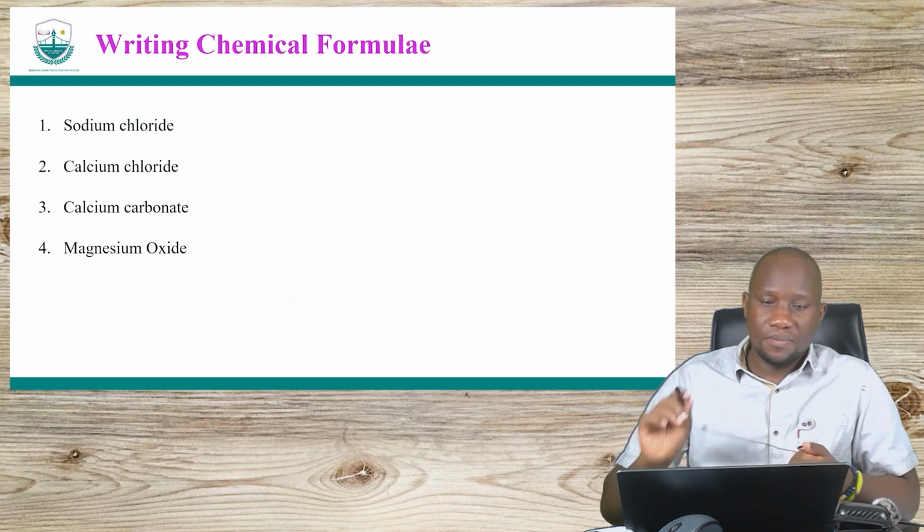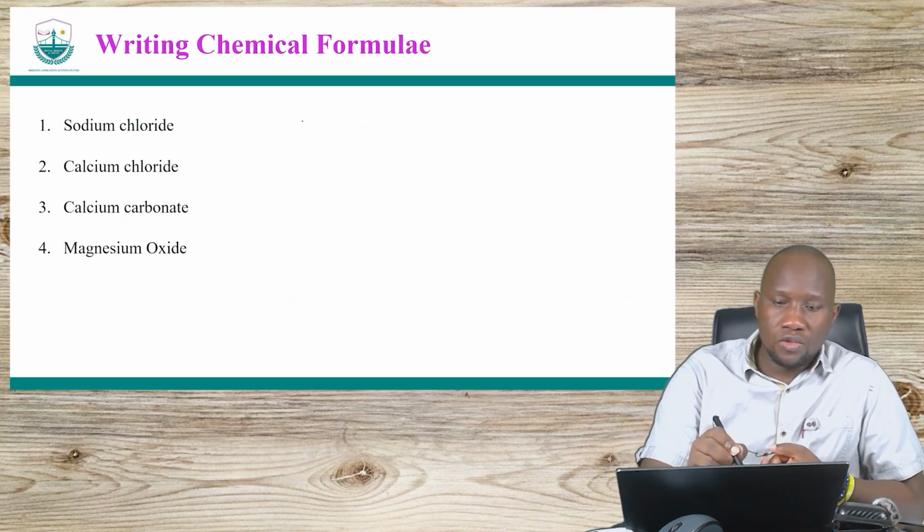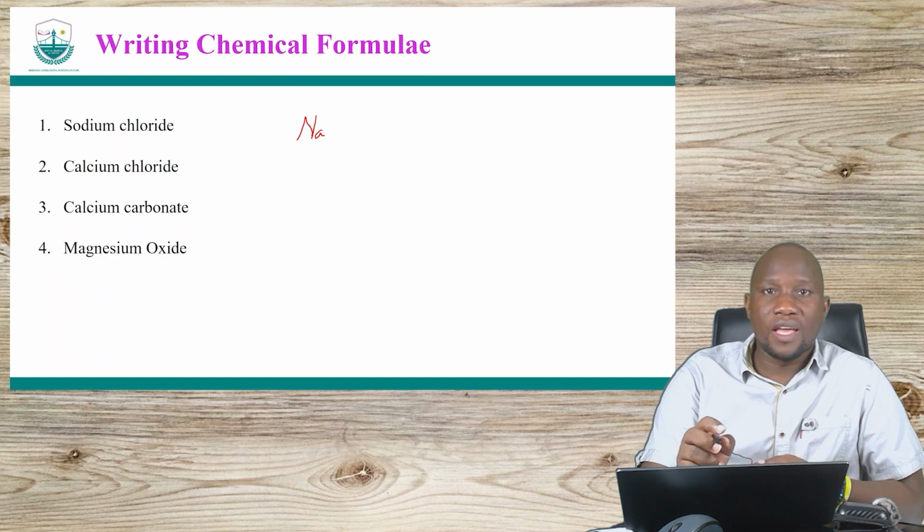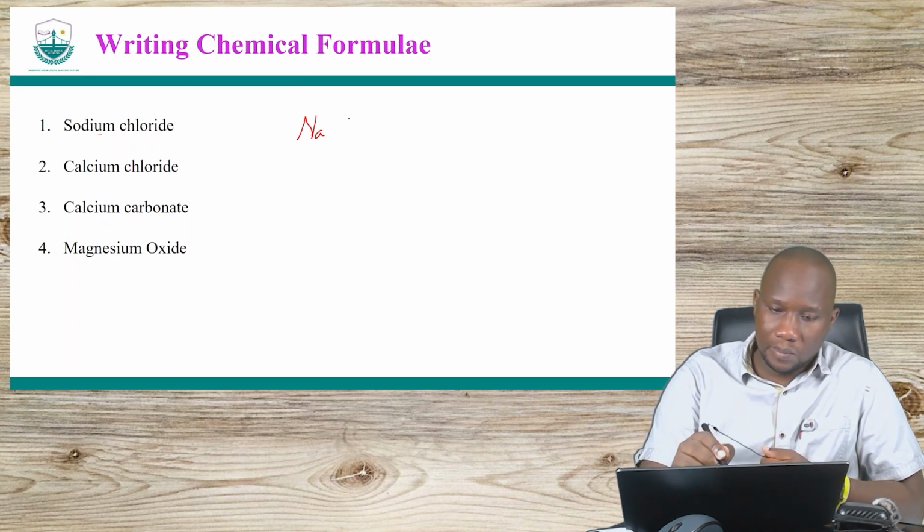Sodium chloride. Sodium chloride is written as Na. That is the symbol for the element that we have, sodium. And then the symbol for chloride, Cl. So that is the formula for chloride.